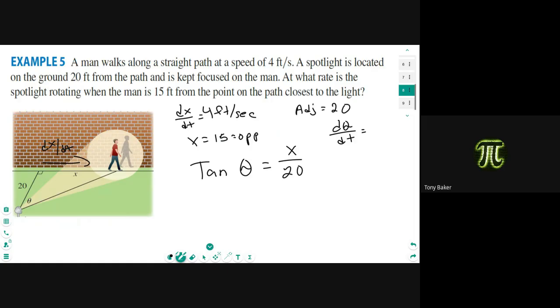I will tell you on your test, the three you will need to know: sine, cosine, and tangent. So secant squared theta d theta dt. Don't forget that. Equals what?